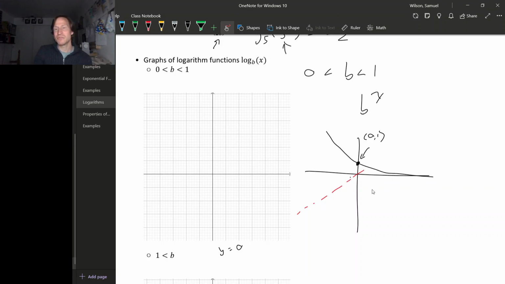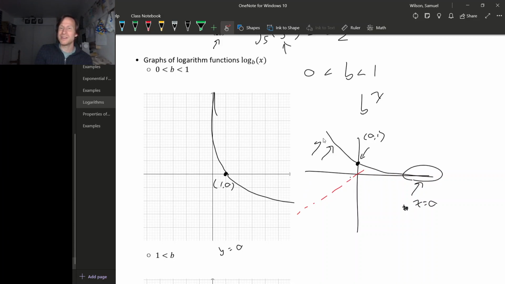When we flip this across the line y equals x, this asymptote gets flipped to the asymptote at 0, but since it's a little bit above its asymptote here, it's a little bit to the right of its asymptote way up here. Now this intercept gets flipped to an x-intercept here at 1, 0. So it comes down like this, and then off to the left, it goes up to infinity, and that means off to the right, it sort of swoops downward like this.